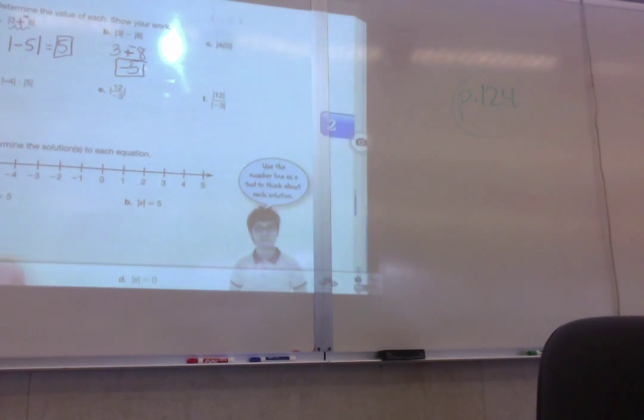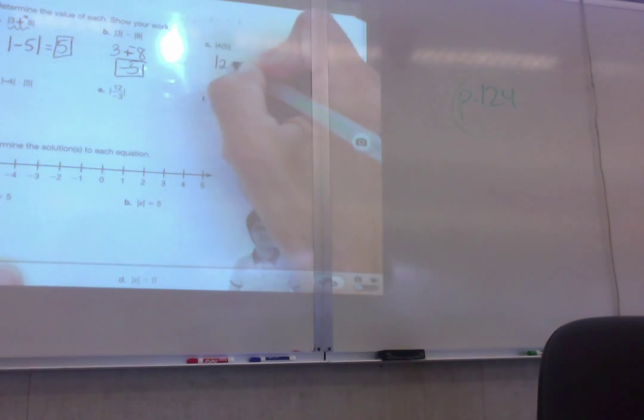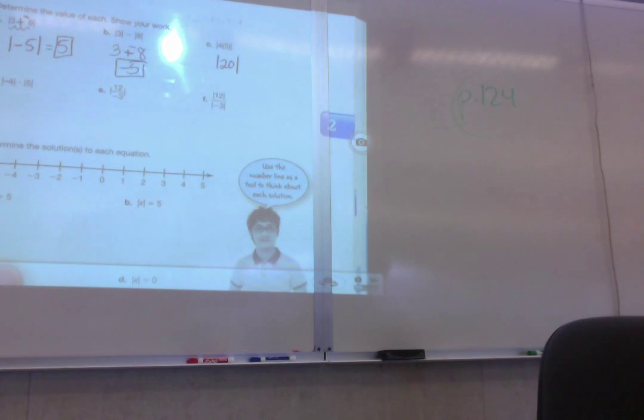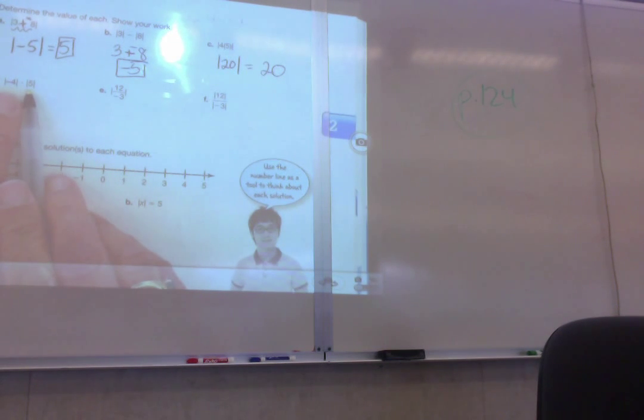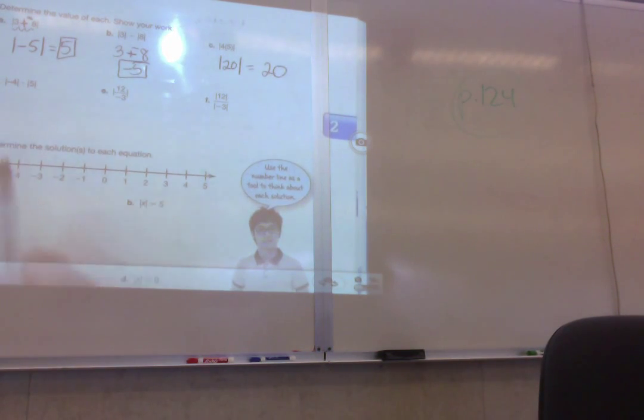4 times 5. Absolute value of 20. 20. Okay. I only have one number in each of these absolute values, and the times is outside the absolute value. So I'm going to take those numbers out.